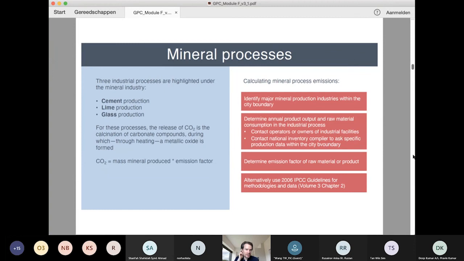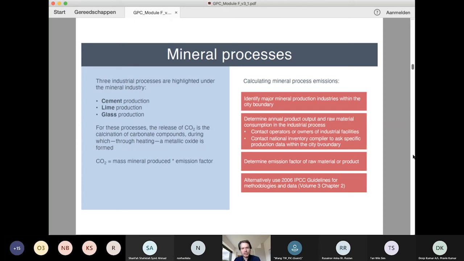Okay, so mineral processes. We have 3 main processes: cement production, lime production, and glass production. And in these cases, carbon dioxide is released through the process, and you simply estimate emissions by looking at the mineral produced by an emission factor, which you can find in the IPCC reports or in any national report.